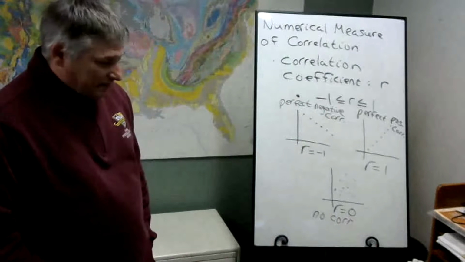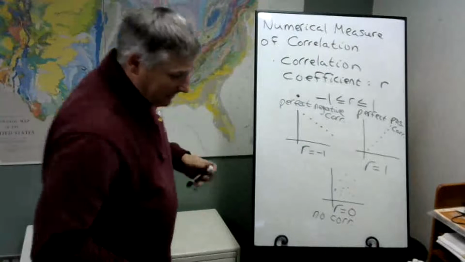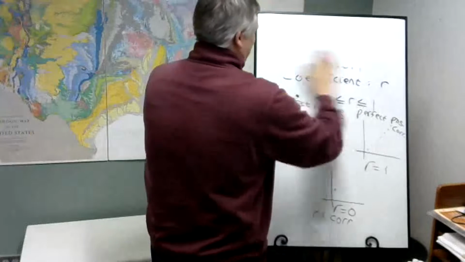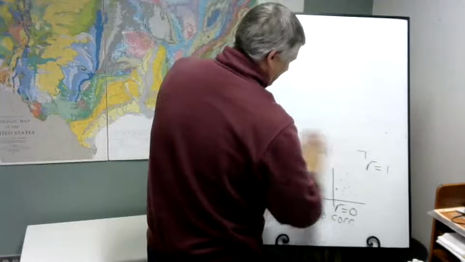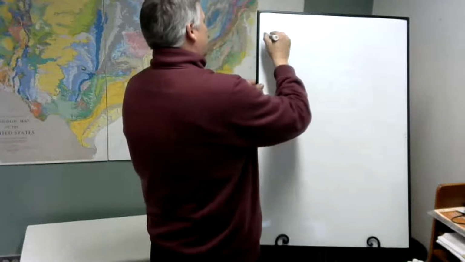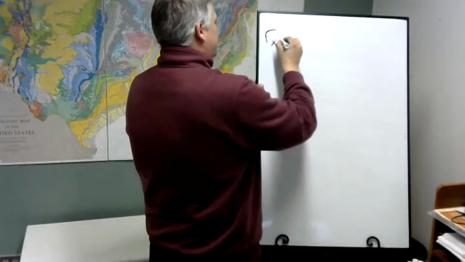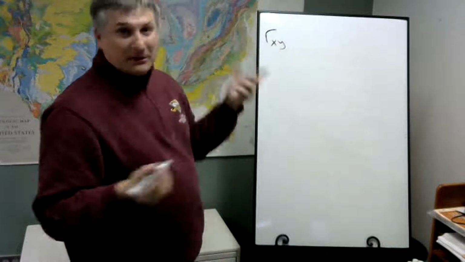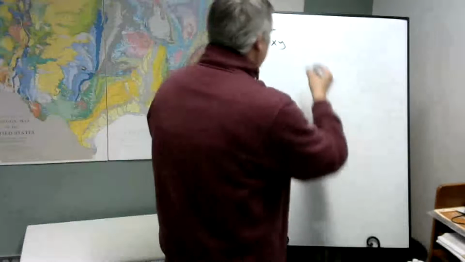So how do you come up with this wonderful number? Well, let me show you. The correlation coefficient for random variables x and y, so we could have Roswell, Farmington temperatures, it's this.